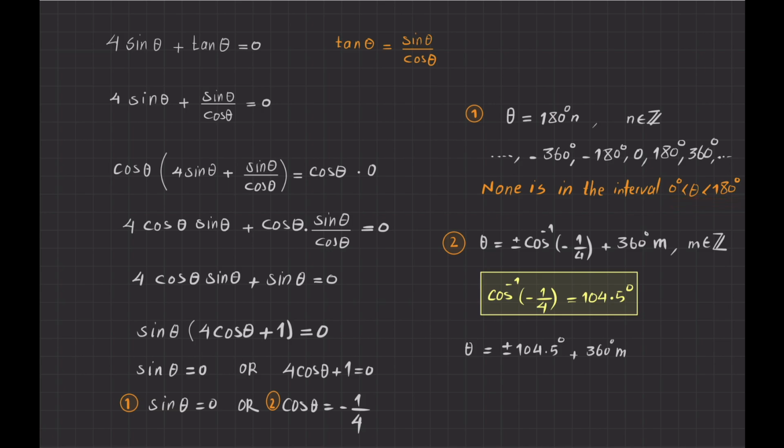So the only possible choice for me is to choose m equals 0. It will give rise to two solutions, but one solution is negative, which is not within this interval. So the second alternative will be my answer. The only solution to this equation up to 1 decimal point is 104.5 degrees.